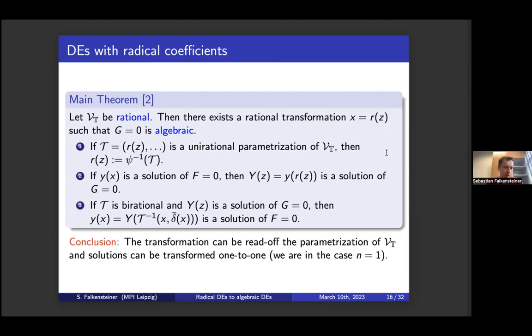There is a lot of theory on algebraic differential equations, and when they can be transformed into explicit form, for example. But we do not treat here this question of solvability. So we just see that there is much more theory on algebraic differential equations than on radical differential equations.